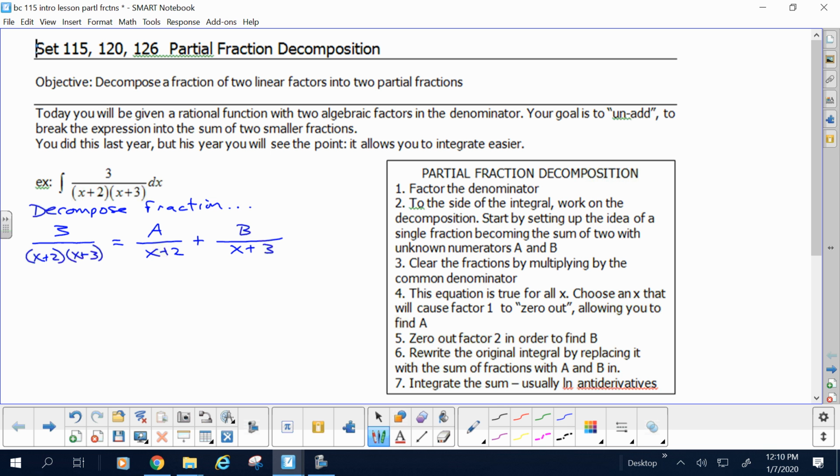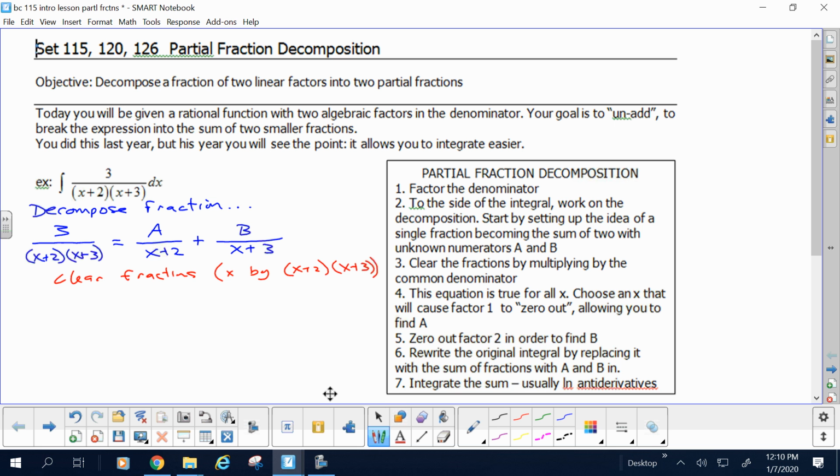Is this all familiar? Yes. Okay, cool. So how do we go about finding A and B? Let's clear the fractions, yeah? If you mentally multiplied through by x plus 2 times x plus 3, it would clear all the fractions.